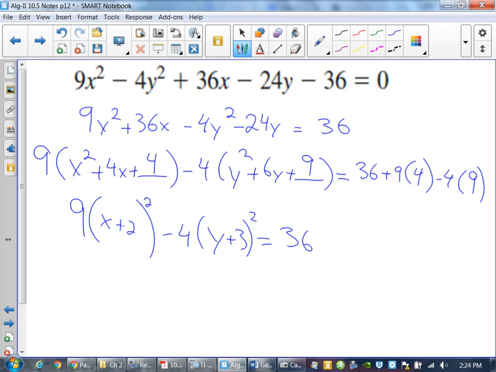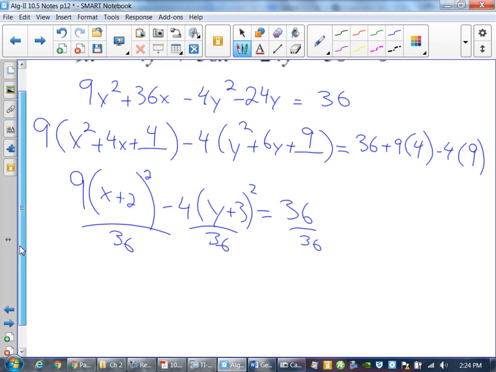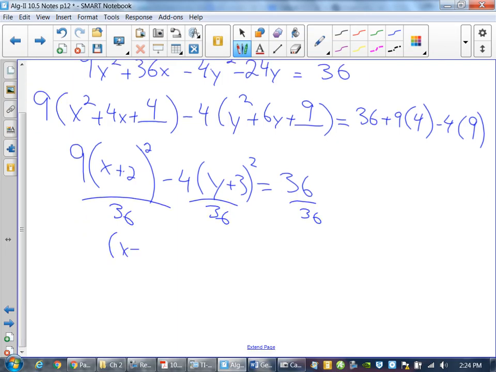Just divide it out. Divide everything by 36. And obviously it's a hyperbola because it's subtraction. And then you can go from there and graph it. So you're going to be completing the square to set those up.